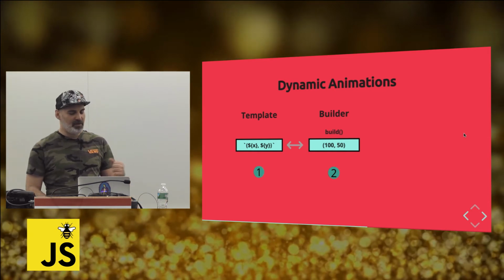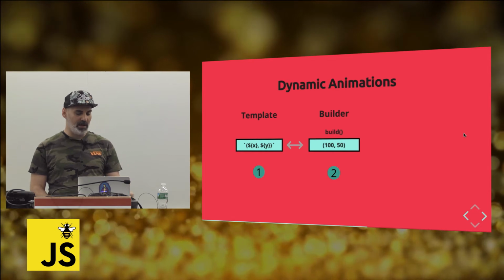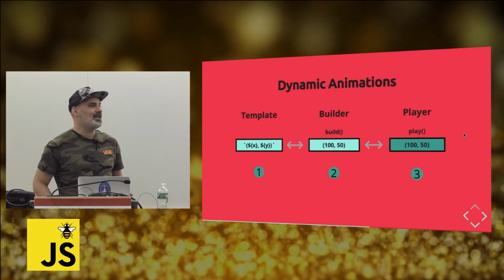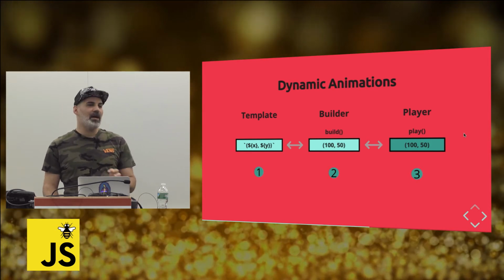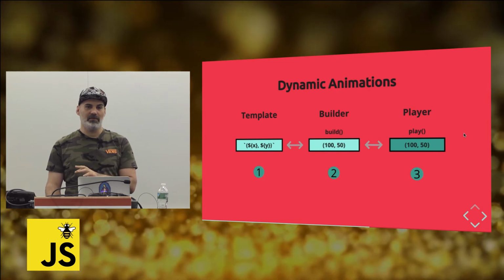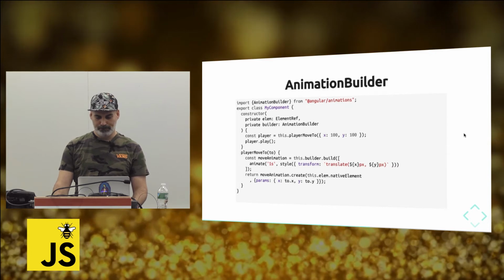The moment that we have these coordinates, we will build the animation using that latest position, and then we will run the animation specifically for those coordinates. That will allow us to create the animation on the fly. And this is something that you cannot create with CSS. So this is specifically from Angular.